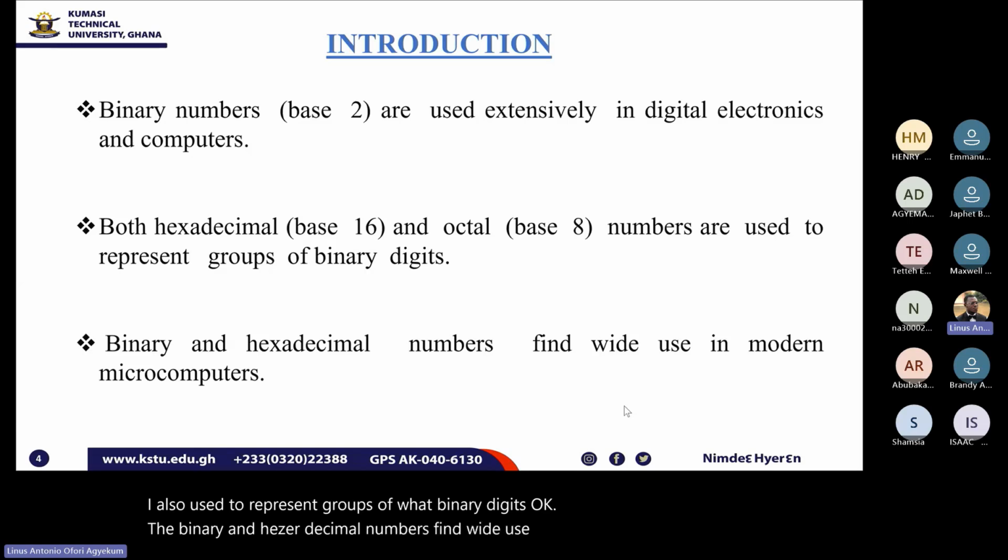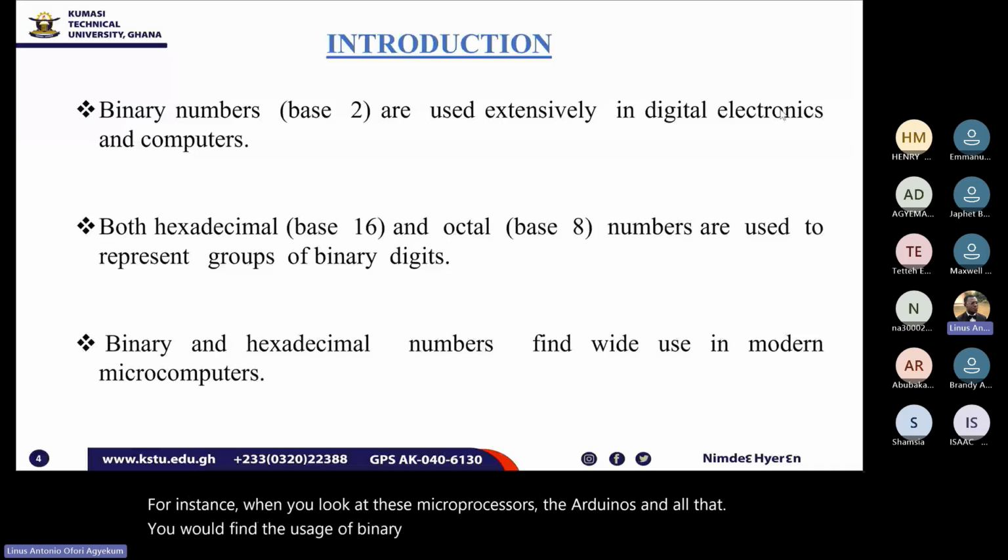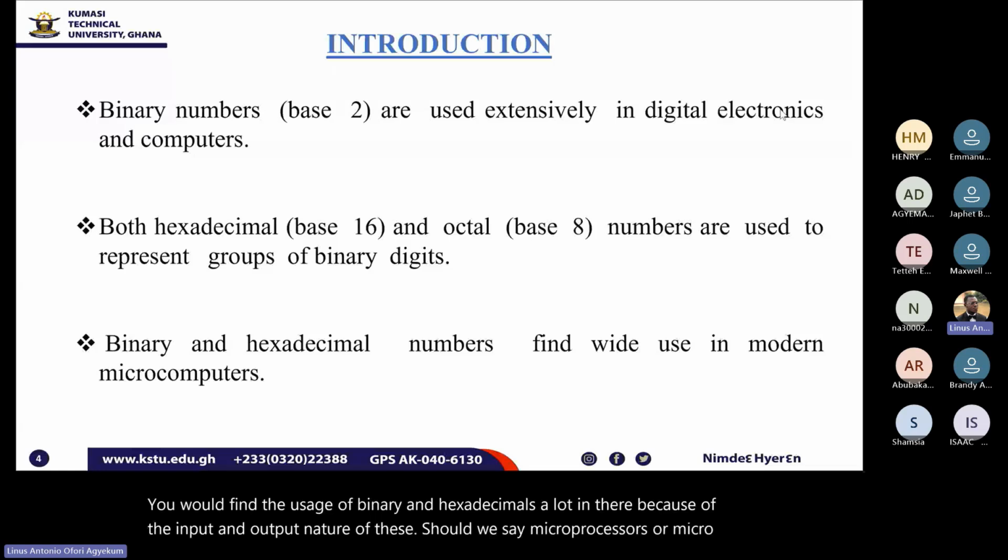For instance, when you look at these microprocessors, the Arduinos and all that, you would find the usage of binary and hexadecimals a lot in there because of the input and output nature of these, should we say, microprocessors or microcomputers, okay? So that is just an introduction into what we are going to be doing today.